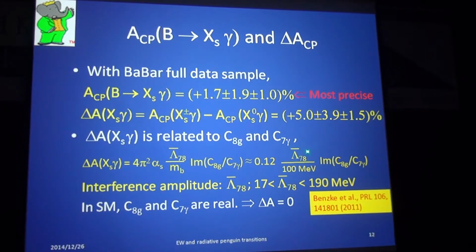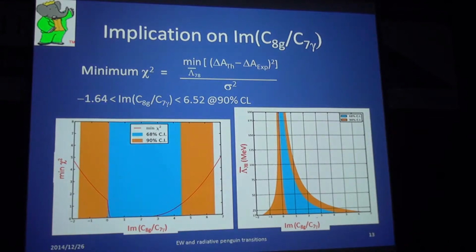Theoretically, this parameter lambda bar 7a is known to be within a range of 17 to 190 MeV. But since BaBar has the experimental measurement of delta A, and we have this expression, they are able to perform a consistency check and define the chi-square as the theoretical expectation minus the experimental measurement, divided by the experimental error, squared. Since lambda 7a is within a range, they choose the lambda 7a such that the difference between the theoretical expectation and the experimental measurement is the lowest.